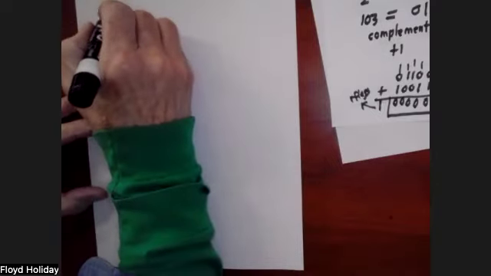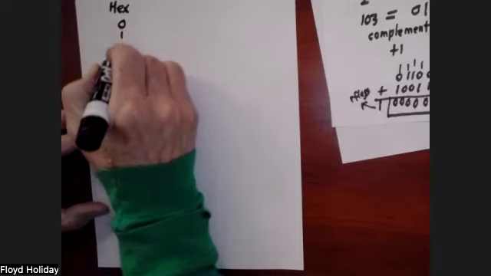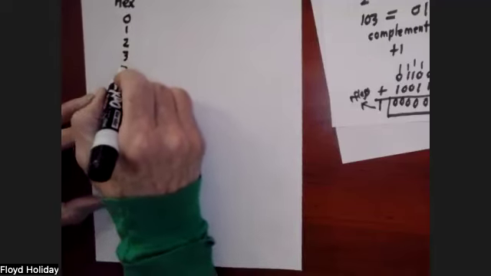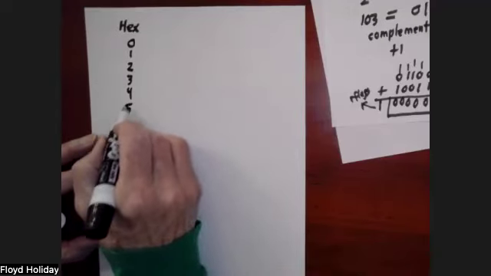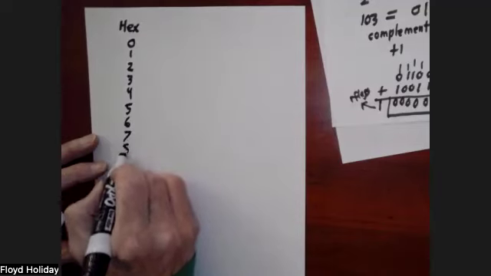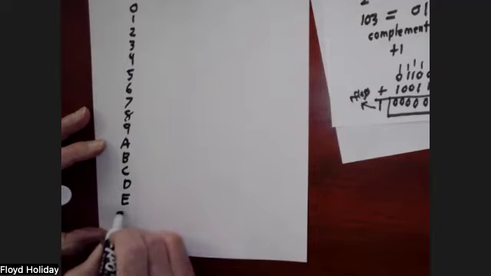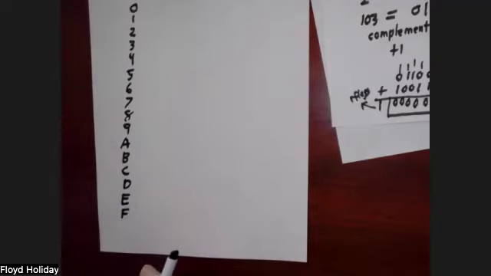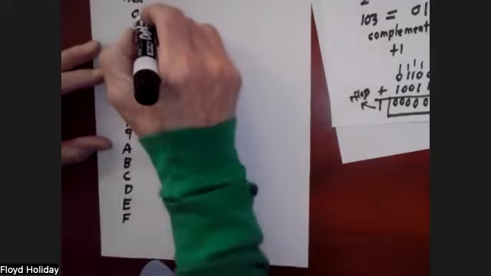So the hex system is written 0, 1, 2, 3, 4, 5, 6, 7, 8, 9, A, B, C, D, E, F. And we're out of digits. Now, let's count in binary next to each one.